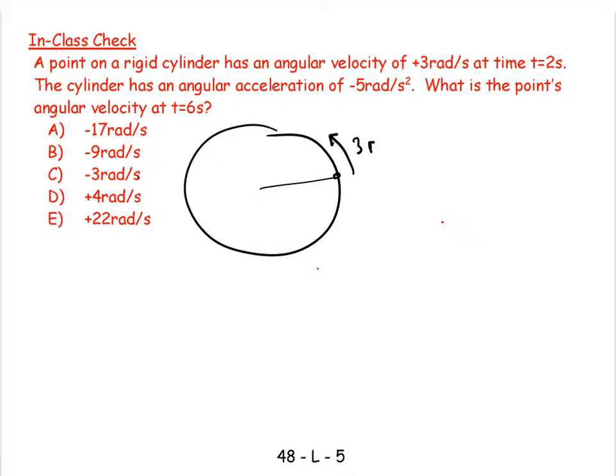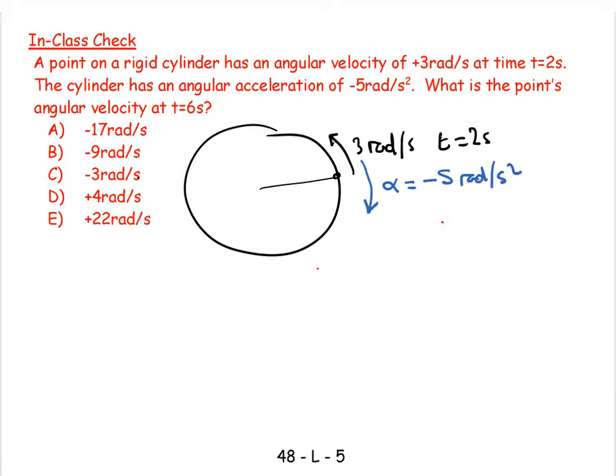The cylinder has an angular acceleration, my alpha, equal to minus 5 radians per second squared.